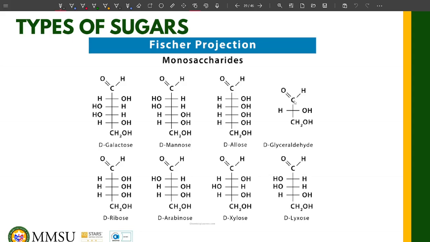So this is the simplest carbohydrate unit. And then yung mga nandito sa baba, ribose, arabinose, xylose, and lyxose, they have 5 carbons. And then ang carbonyl group nila is aldehyde. So yun yung Fischer projections nila, and all of this is naka-D configuration sila.